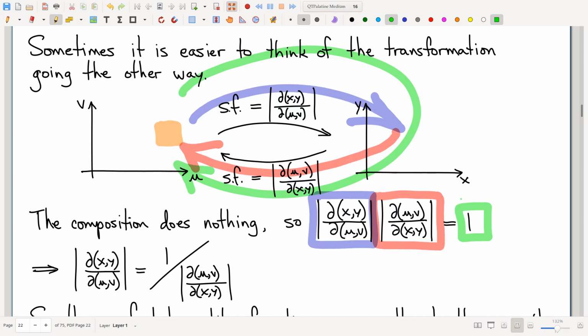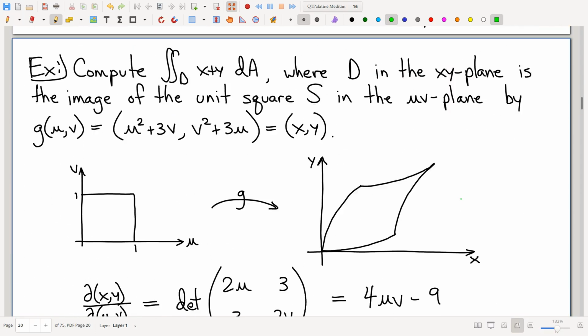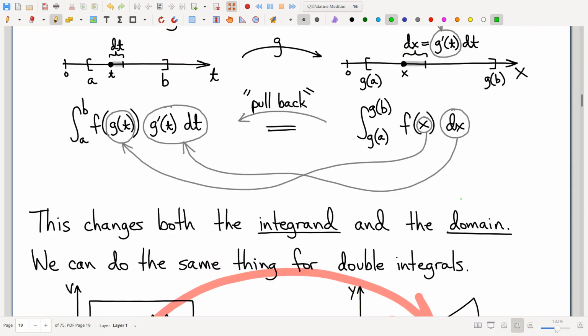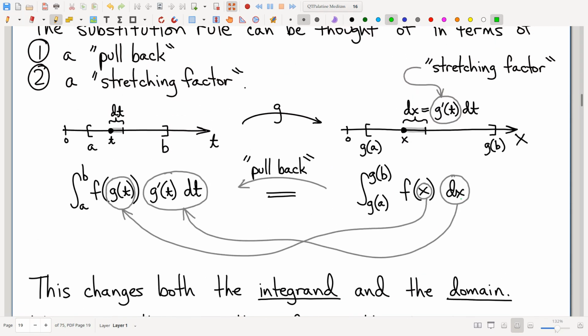Why is there an absolute value around that? That's a great question. It's the formula. If we go back to where we write this down, this is part of the formula. It's a very important part of the formula. Why it's part of the formula is ultimately, let's just go back to the substitution rule.